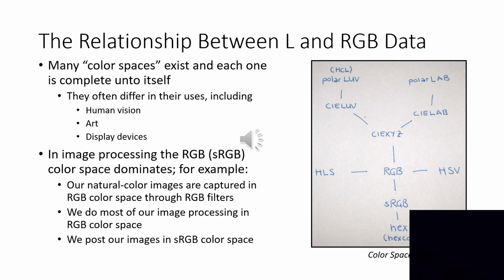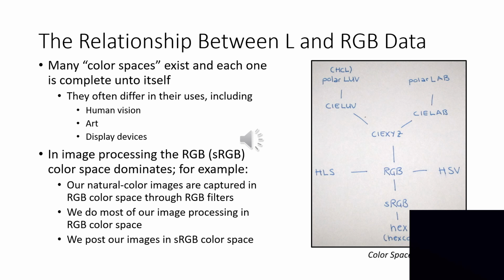One of the reasons is they're used for different purposes. Researchers in human vision may use a different color space than an artist uses in order to plan and execute their artwork. People who design and build display devices for our computers or for printing use a different color space in order to work with their devices.